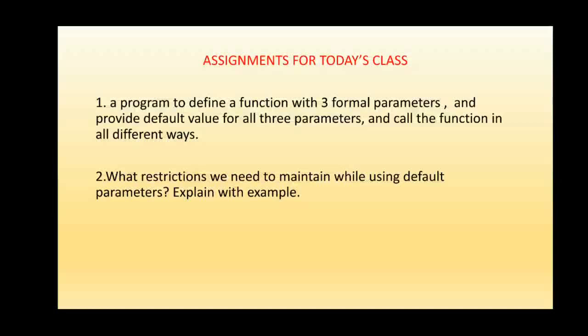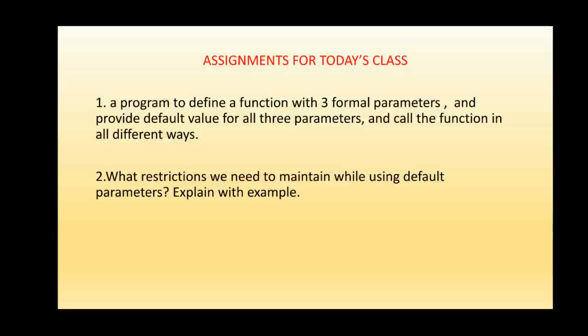The assignments for today's class are as follows. As we are learning programming, we have to give importance to actually running programs in Python. So the first assignment goes like this. You have to write a program to define a function with 3 formal parameters and provide default values for all these 3 parameters, and call the function in all different ways.